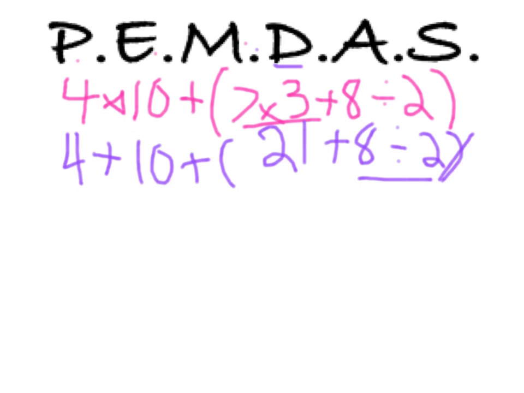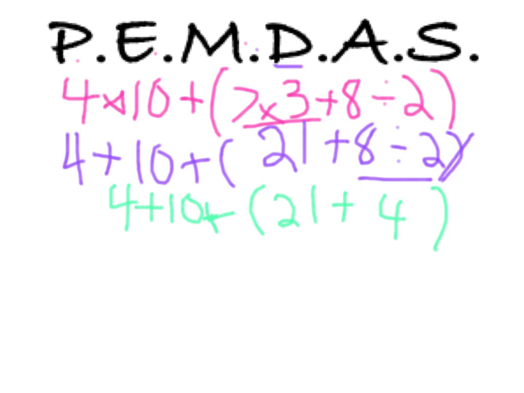We know that 8 divided by 2 is going to be 4. Then again, we bring down everything else with it. So now our equation is 4 times 10 plus 21 plus 4.